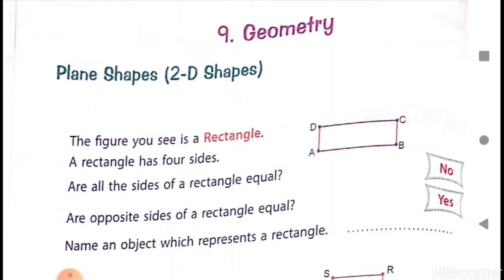Are all the sides equal? No. You will find that two opposite sides are equal. That means the two sides facing each other, they are equal. Okay. So in a rectangle, there are four sides and the two opposite sides are equal.